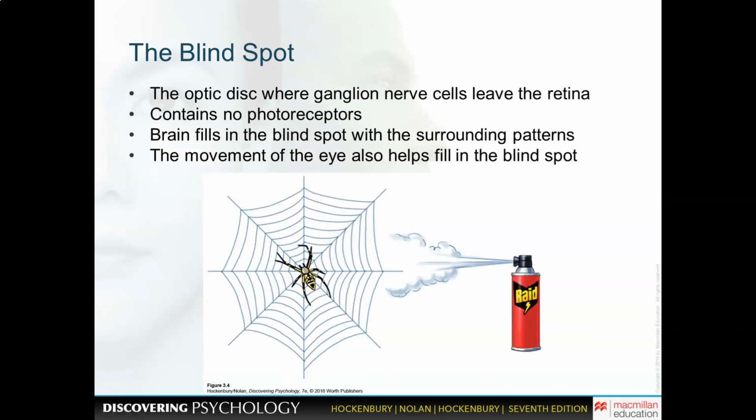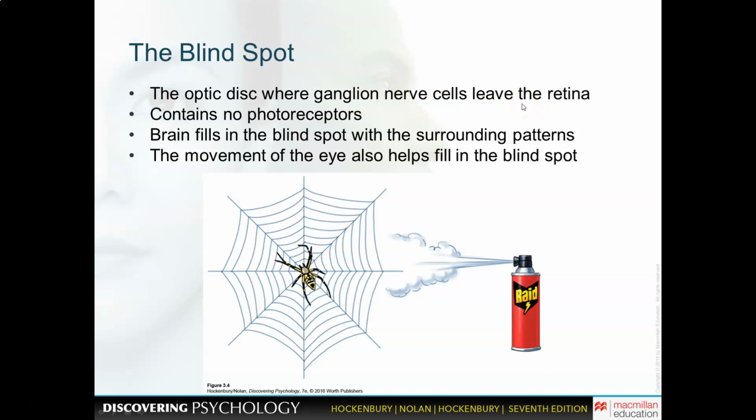Also, in our basic field of vision, we have what's called a blind spot. That's basically where it contains no photoreceptors, the optic disc, where the ganglion nerve cells leave the retina.